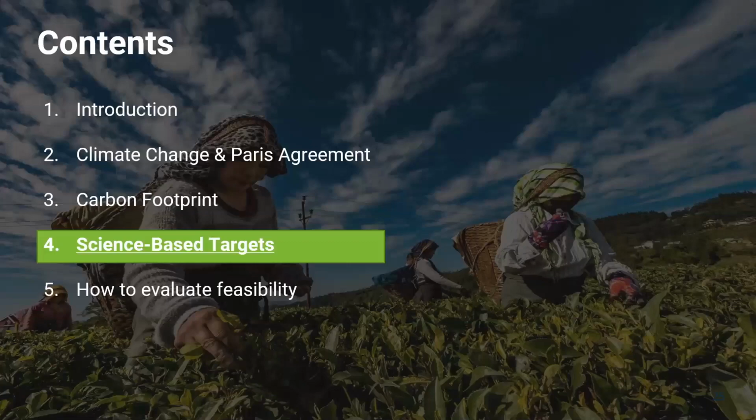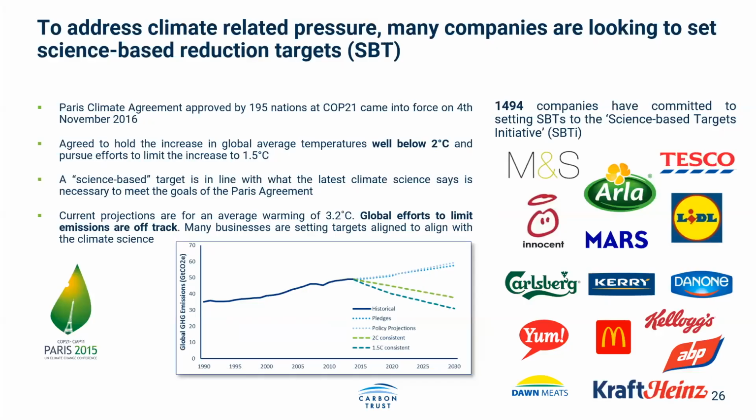Okay, just in the interest of time, I'll just wrap up quickly by covering something on targets. So I mentioned earlier around the Paris Agreement and the importance of setting targets. So lots of organizations are stepping up to the ambition around the climate change agreement in Paris. So since that's signed in 2015, we've had over 1,500 very large corporates sign up to setting a science-based target.